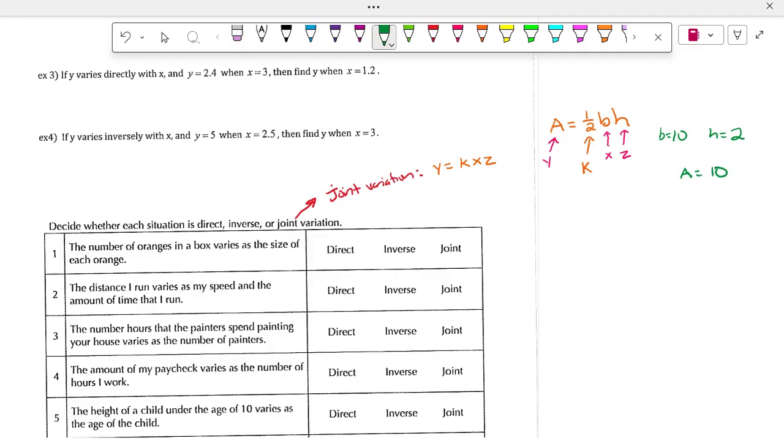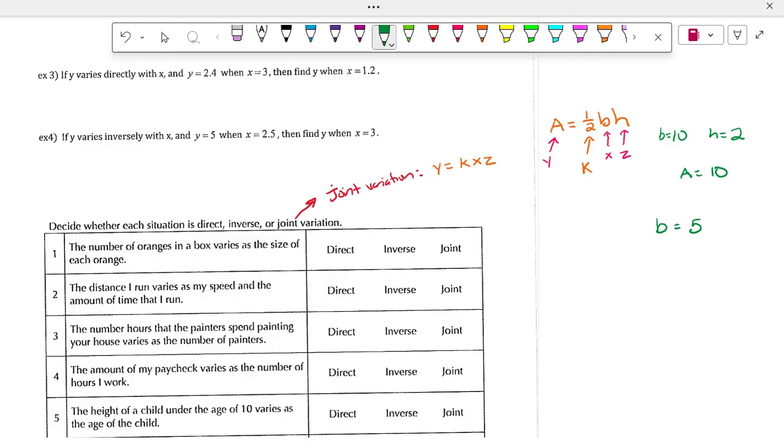All right. Now, let's see what happens if we change the base to 5, but we're going to keep the area as 10.